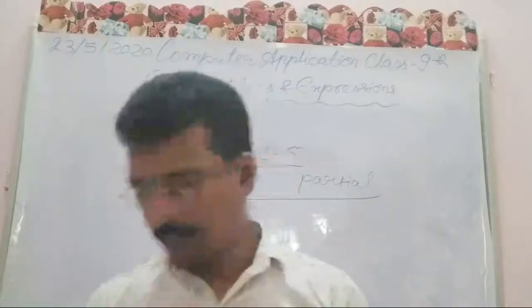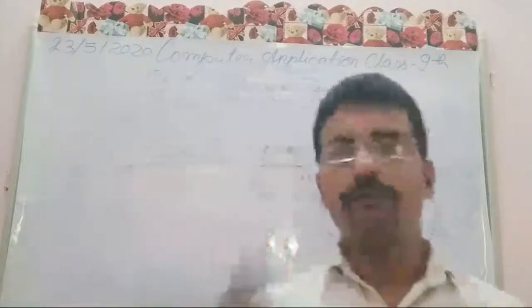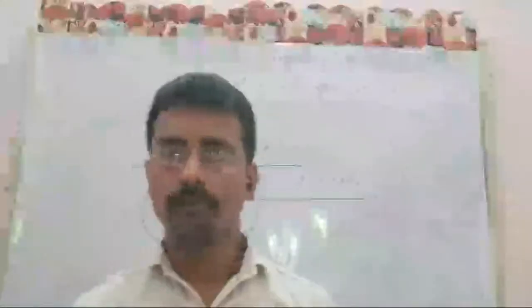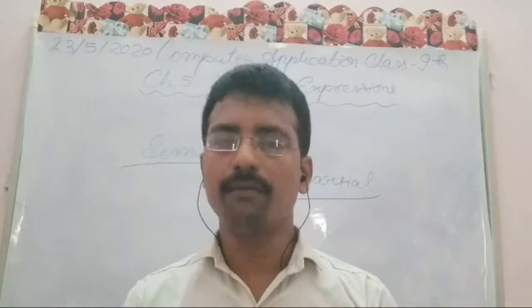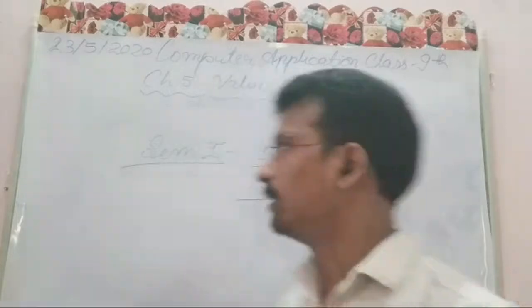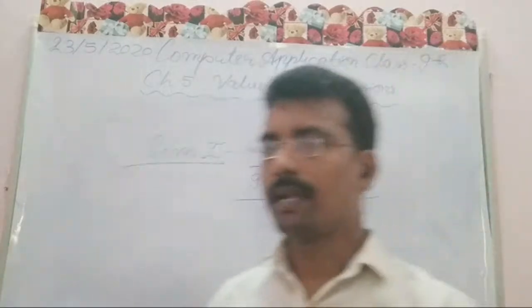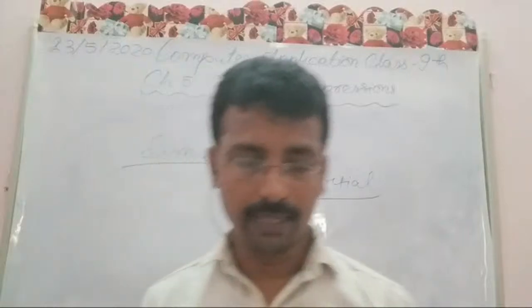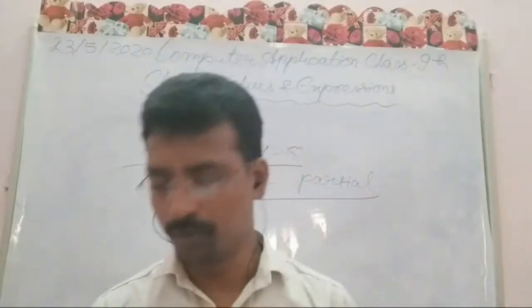We will not cover all, but we will cover up to the if else part. And what kinds of programs will come, I will explain when I start the chapter. In upcoming classes, possibly by next class, you will finish this particular chapter, until you get the other 3 chapters' notes also.